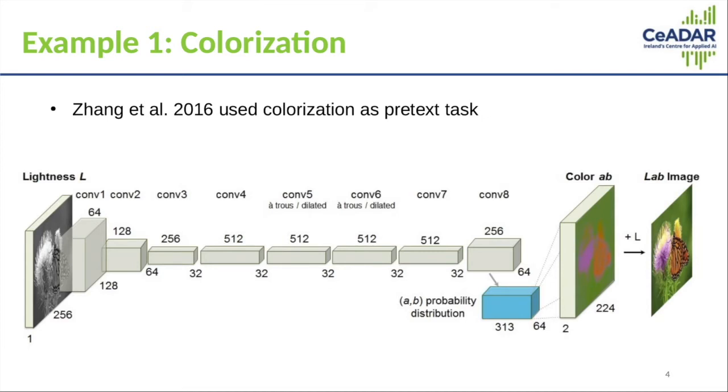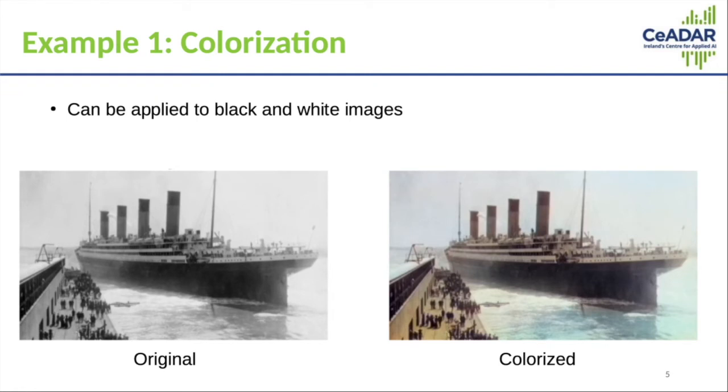How they did this was they constructed a large neural network and trained it to take in one channel of a 3-channel image, which you can consider as just a black and white image, and train the model to predict the other 2 channels of the image. You can see an example of the action of the model here. If you feed in a black and white image of the Titanic in this case, then it automatically returns a colorized version of it.